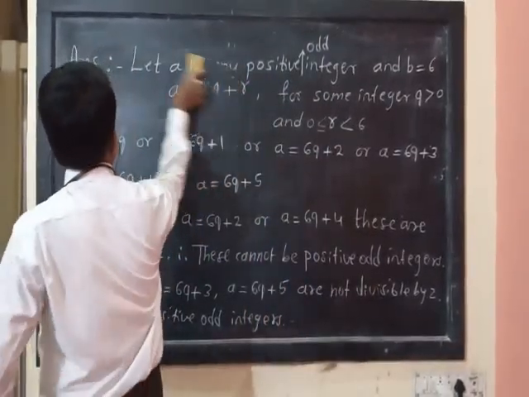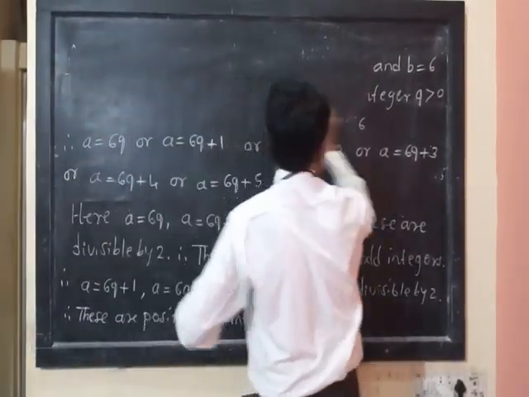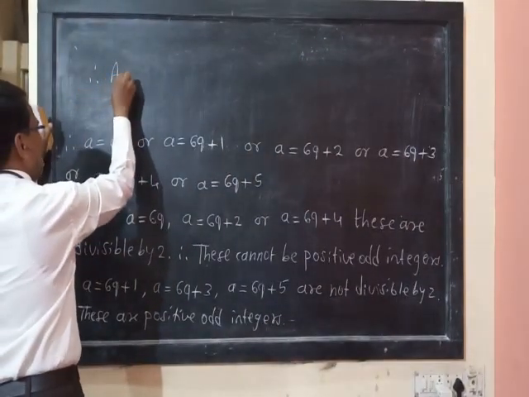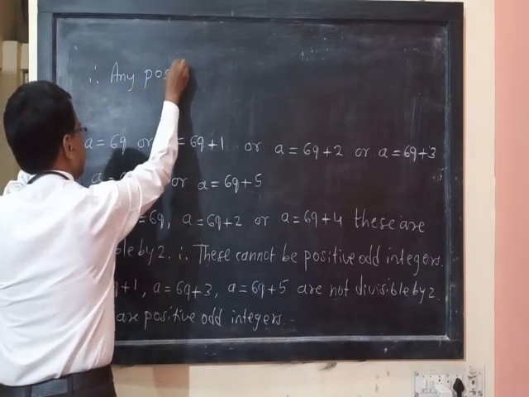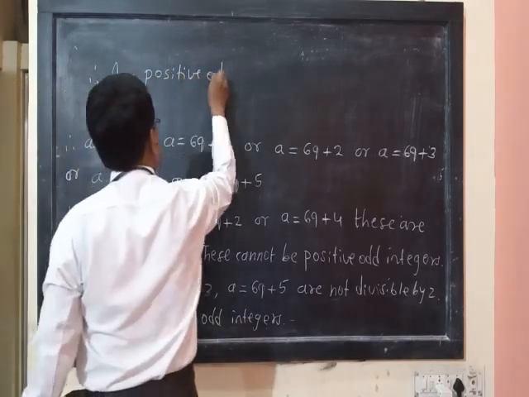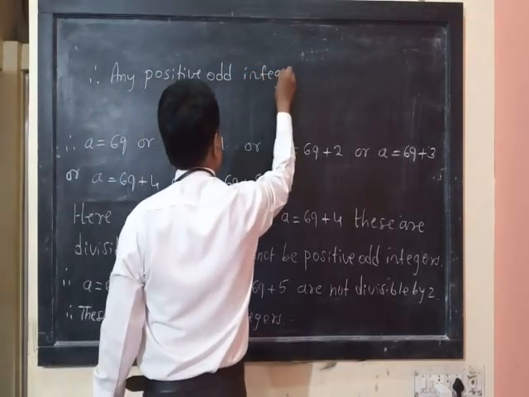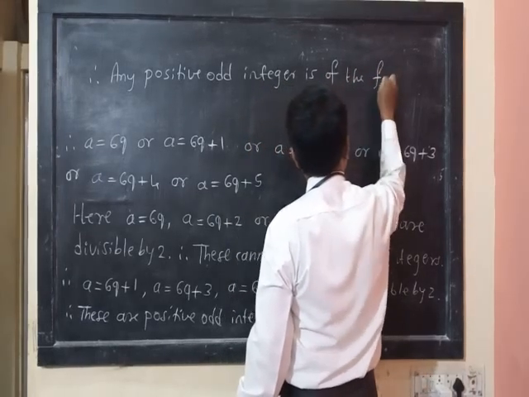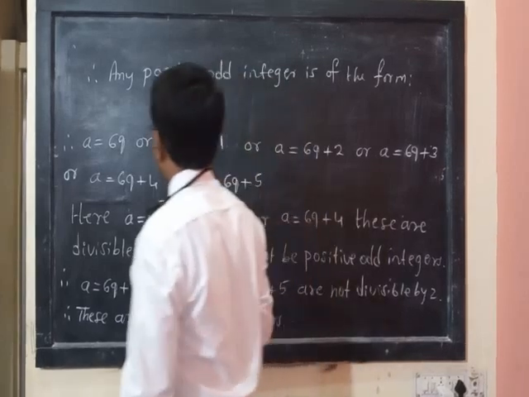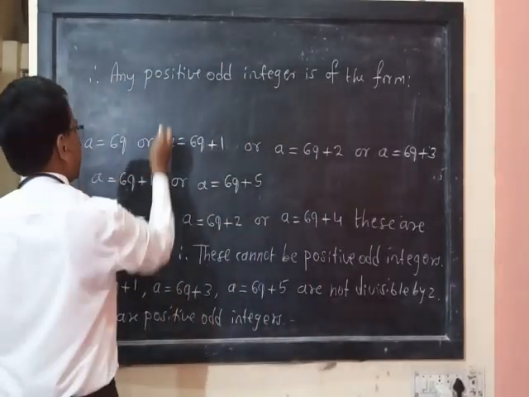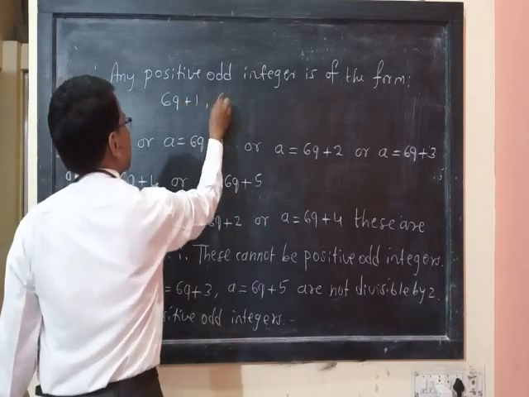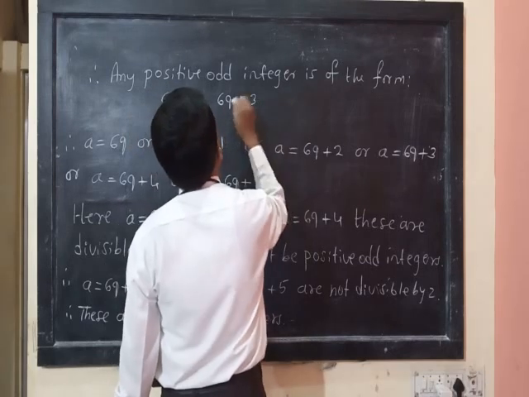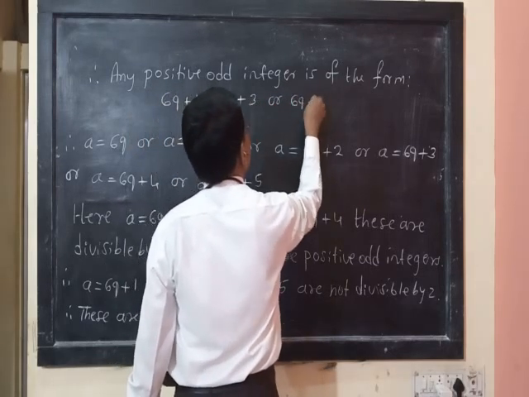Therefore, the last statement is, therefore any positive odd integer is of the form 6q plus 1, 6q plus 3, 6q plus 5.